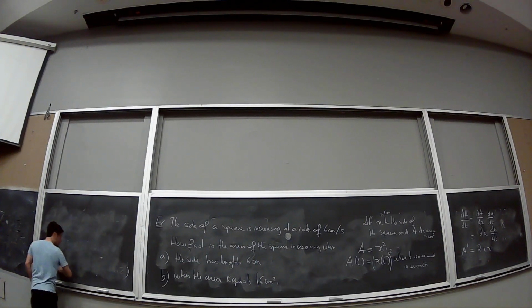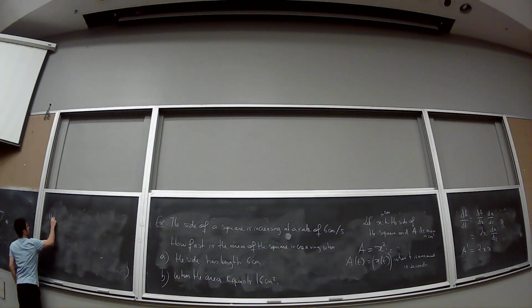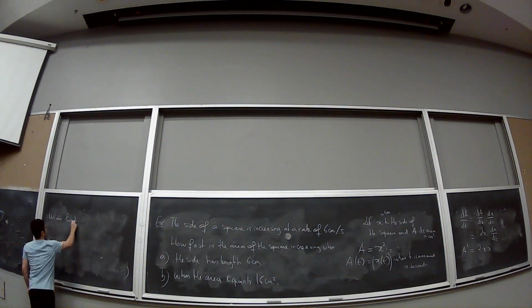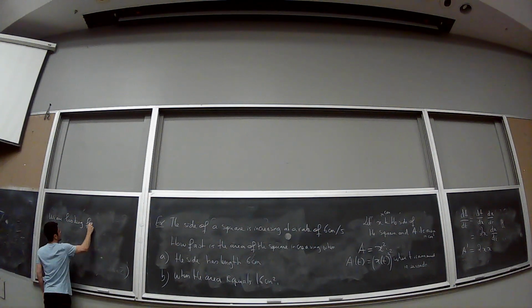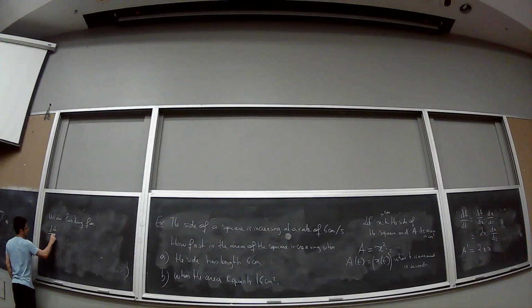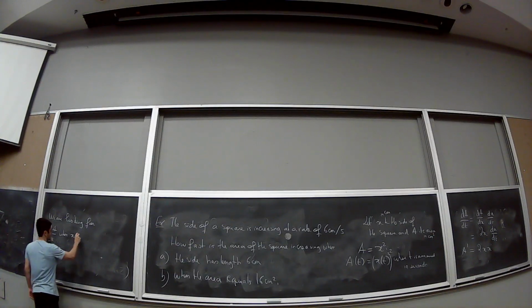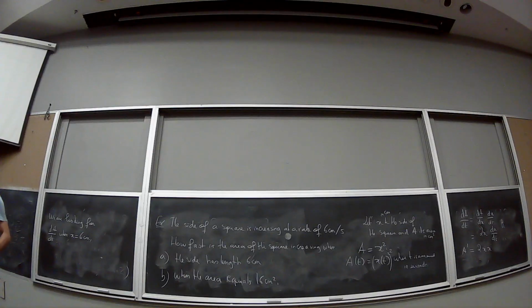We are looking for A prime, or for dA by dt, when x is equal to 6 centimeters, right? And what is x prime here? Can anyone determine what x prime is? Yeah? 6 centimeters per second.